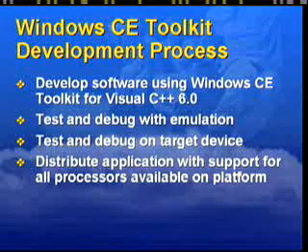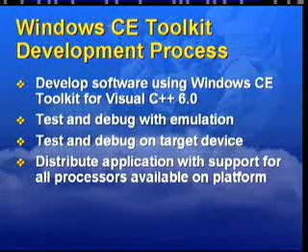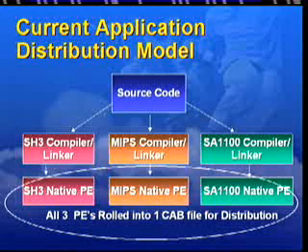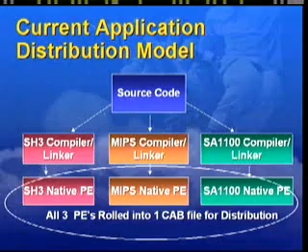But if you're targeting, say, the HPC Pro, for an example, you have to batch build all the processors into one large cab file. Here's an example of how you would have to do that. You take your source code, compile it with the appropriate SH3, MIPS, and SA1100 compiler and linkers, and bundle them all into one large cab file.